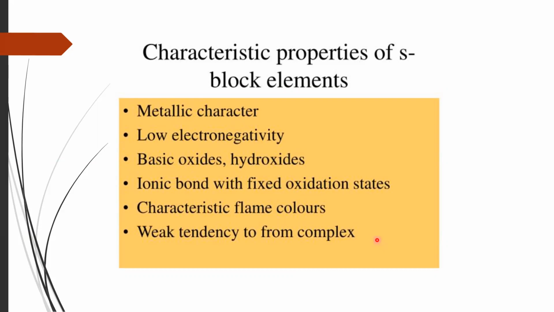Which characteristic properties of S block elements are we going to learn? We are going to discuss the metallic character, low electronegativity, basic oxides, hydroxides, ionic bond with fixed oxidation states, characteristic flame colors, weak tendency to form complexes.